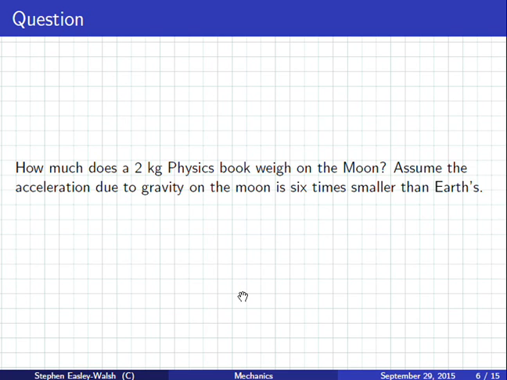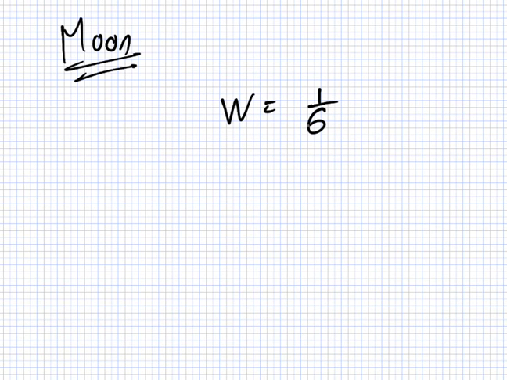I tell you this. On the moon, you know this word? I tell you that it's 1 over 6 mg. On the moon it is, here it is 6 times smaller.